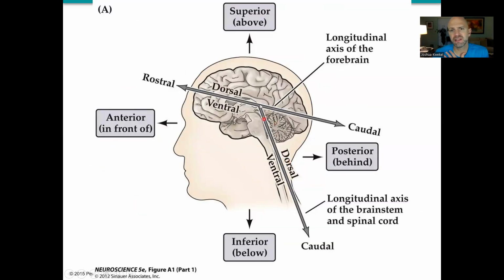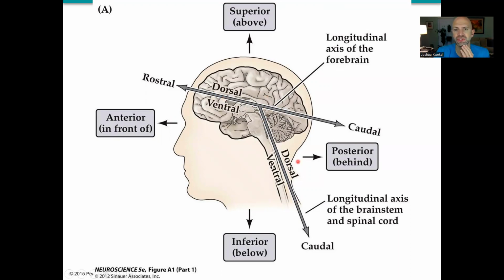And then as we get into the middle of the brain, it kind of goes to a T-stop, right? There's a change in the angle. And so rostral, caudal is the terminology that you will hear in neuroscience. Rostral meaning towards the front or top, and caudal meaning tail, meaning towards the back.